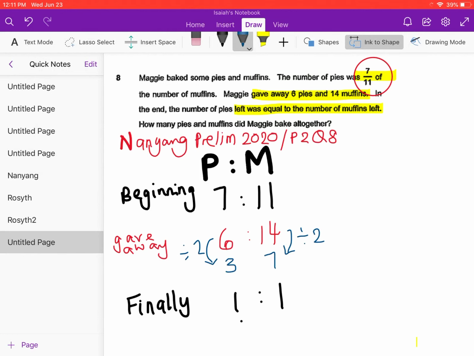Okay, finally, if I were to take the pies and take away those that were given away, if these numbers are correct, I should be able to get a ratio of 1:1. So now let us take a look.